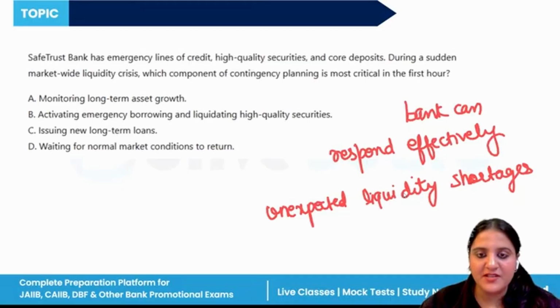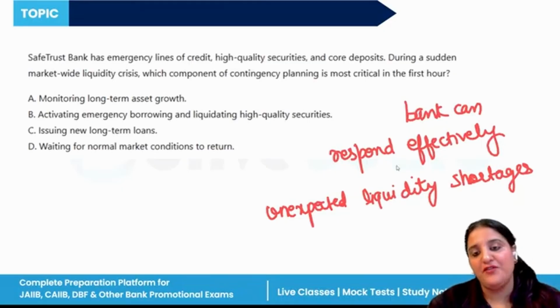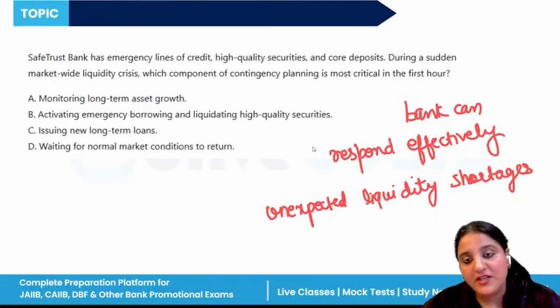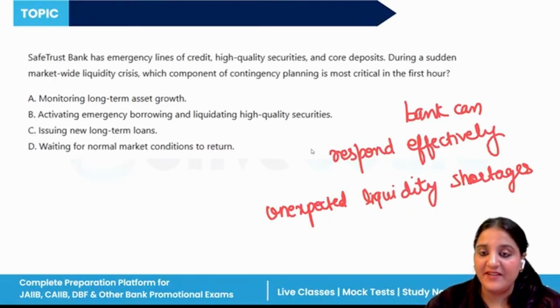So for Safe Trust Bank, in the first hour of a liquidity crisis, the bank's priority is immediate cash inflow to meet the obligations. Long-term growth or new loans are irrelevant during the emergency. Waiting for the market to return is risky and could lead to failure.